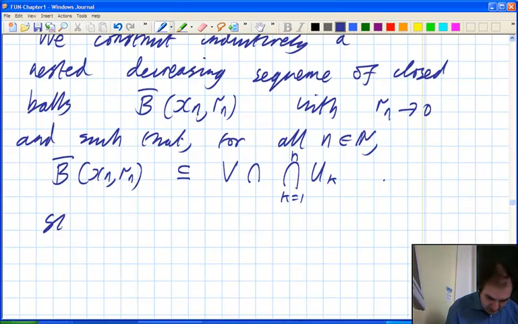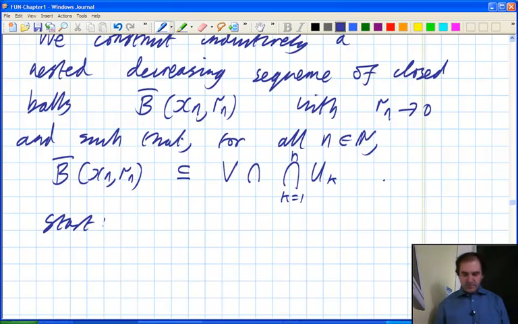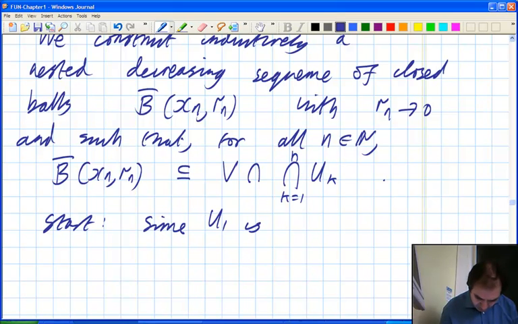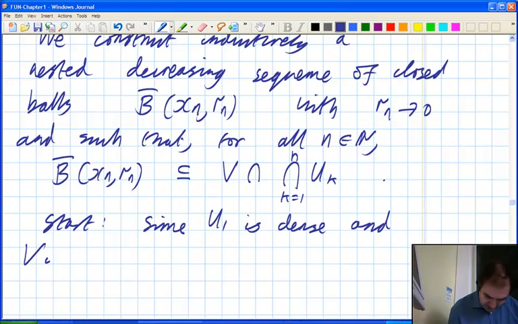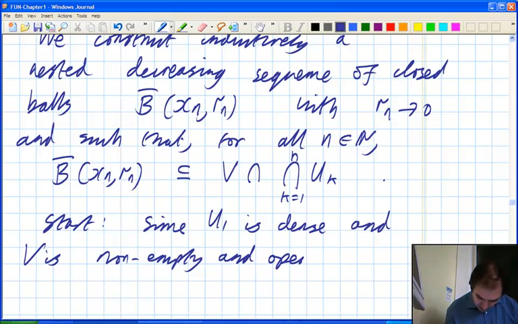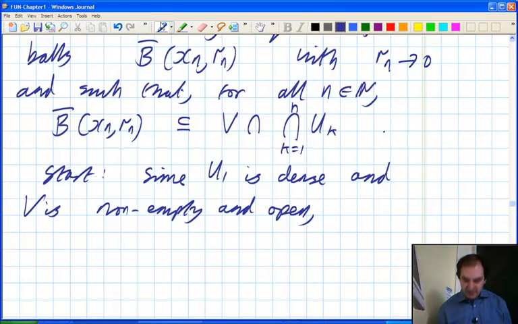Well, since U_1 is dense, and V is non-empty and open, we get U_1 intersection V is non-empty.